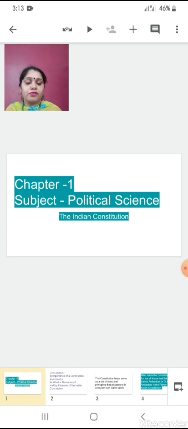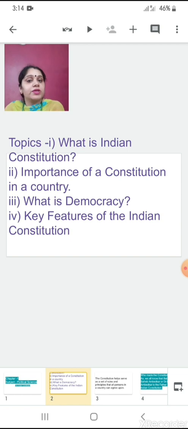Before starting with this topic, I would like to discuss the topics which we are covering in this lecture. First, what is the Indian Constitution? Second, importance of a constitution in a country. Then what is a democracy, and then key features of the Indian Constitution.